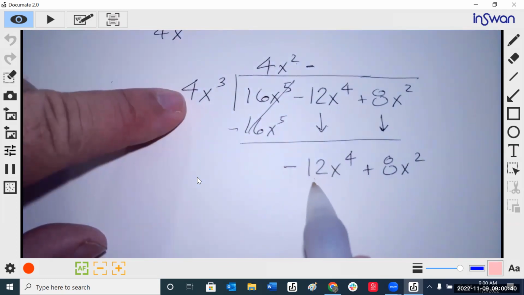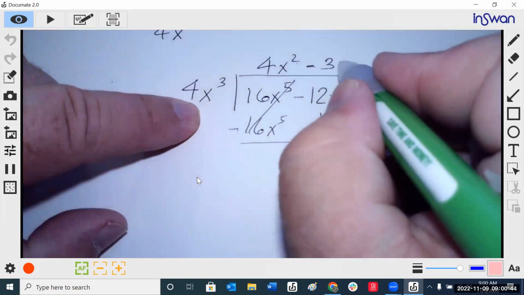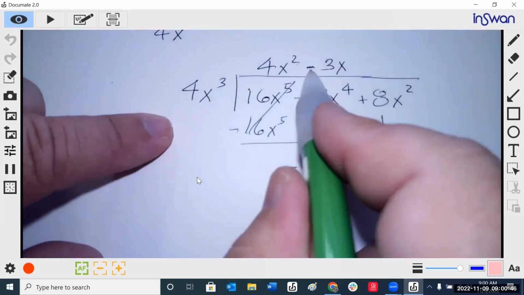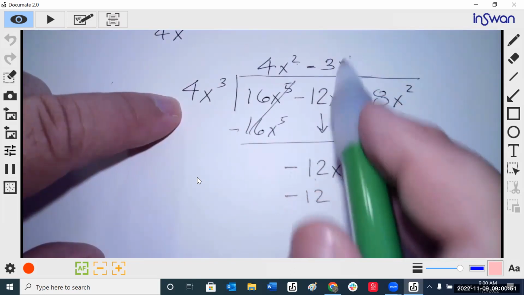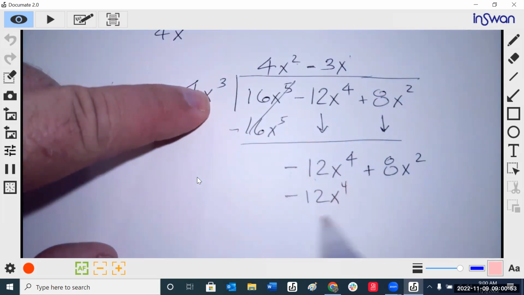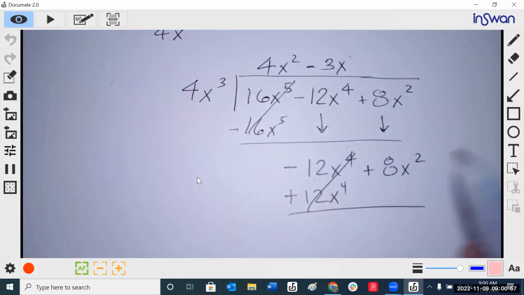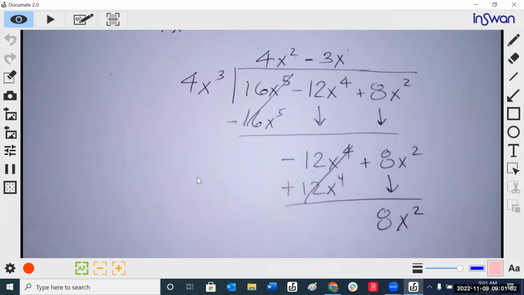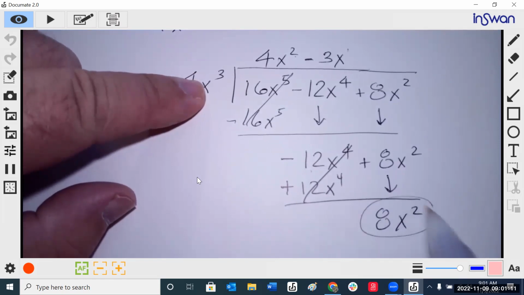What times 4 gives me 12? How many more x's do I need? Just one more. Negative 3 times positive 4 is negative 12. 1 plus 3 is 4. Change the sign, add. X cubed doesn't fit in x squared. So this is my remainder.